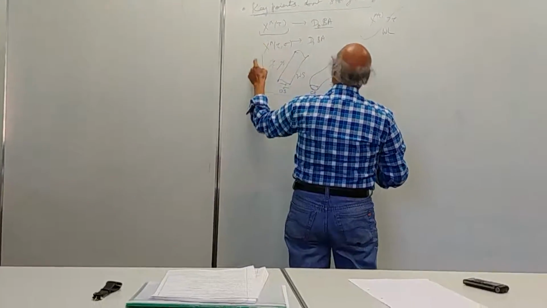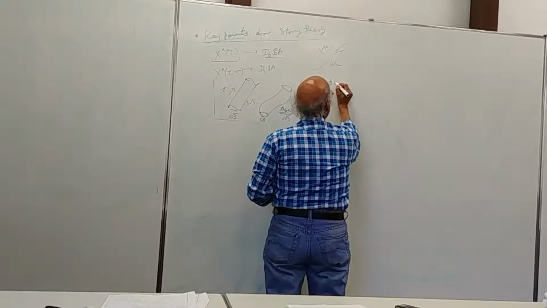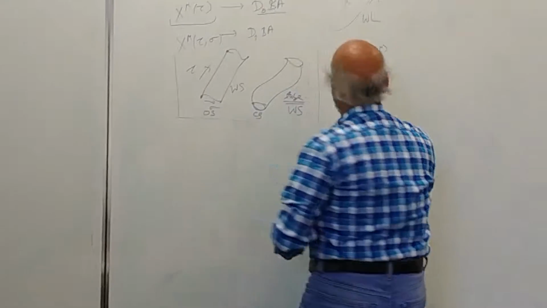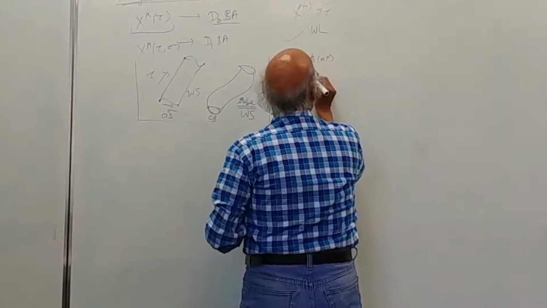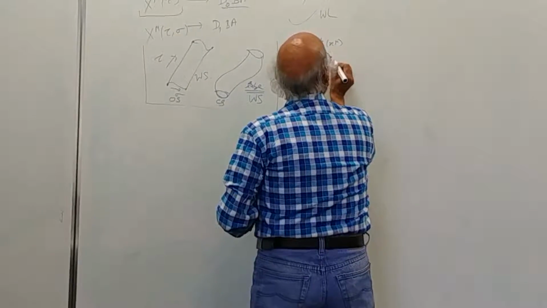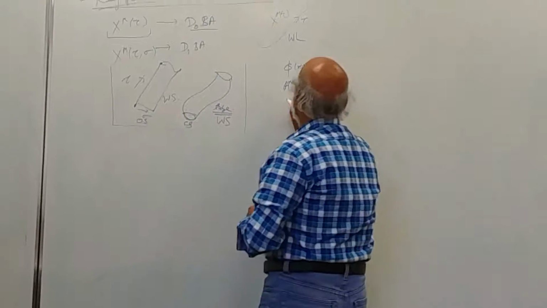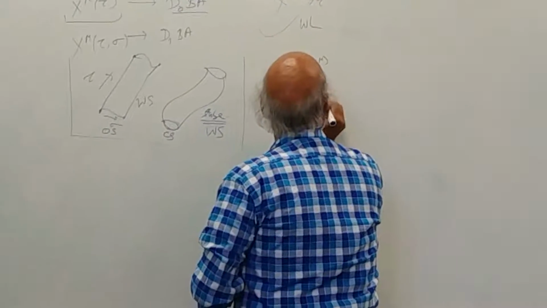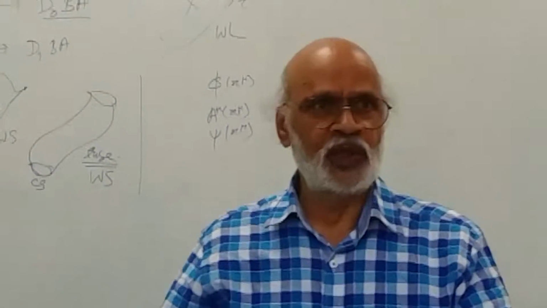Here, in this approach, when we have a field phi of x mu in our conventional field theory, or A mu of x mu, the electromagnetic field, or let us say the Dirac spinor field, as well as their canonically conjugate momenta, they will also be fields.